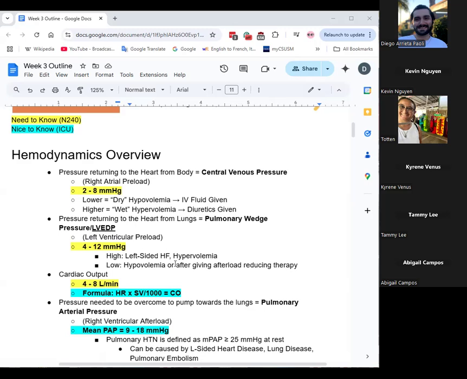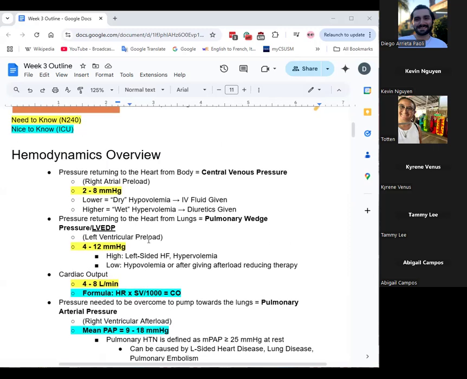If it doesn't have enough of that, then perfusion is going to be bad. Likewise, if there's too much, it's overloading the heart, and that's also bad. So you need to have this in the normal range for optimal cardiac output.